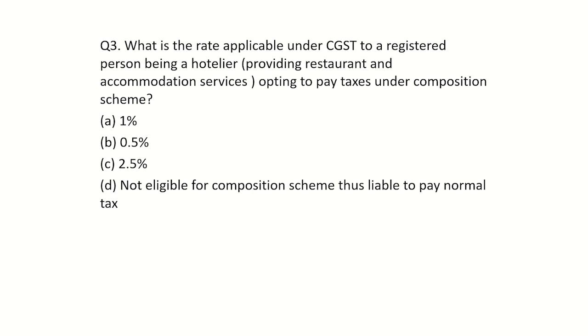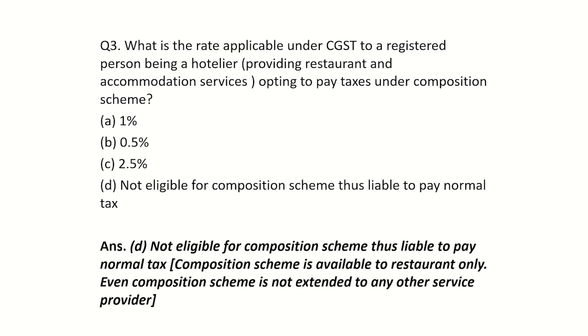In the question given here, it says rate of tax for a hotelier who is involved in both restaurant and accommodation services. If he was providing only restaurant services, he is eligible under composition scheme. Since he is also giving accommodation services, that is a service and not eligible for composition, and hence the answer here would be not eligible for composition scheme, thus liable to pay normal rate of tax.